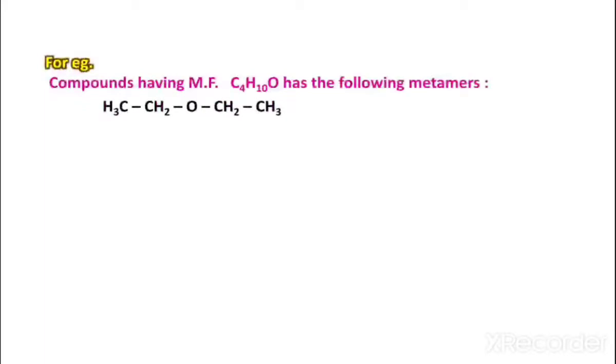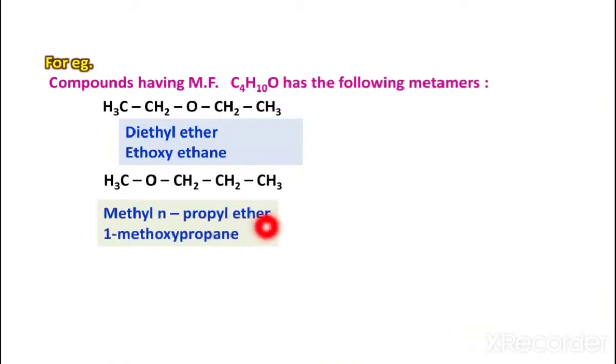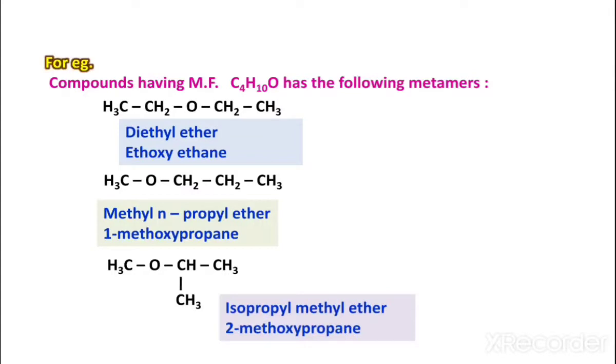For example, the compound having the molecular formula C4H10O has the following metamers. This is the first metamer, that is diethyl ether or ethoxyethane, the second one is methyl n-propyl ether or 1-methoxypropane, and the last one is isopropyl methyl ether or 2-methoxypropane. That means C4H10O has the following metamers.